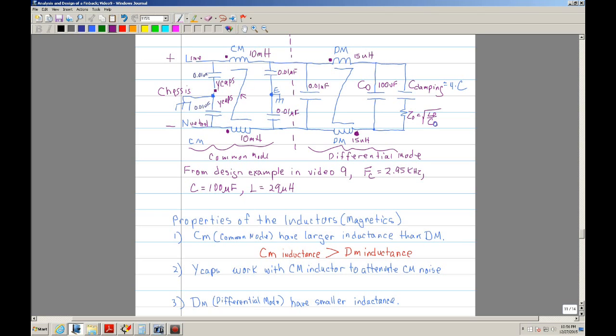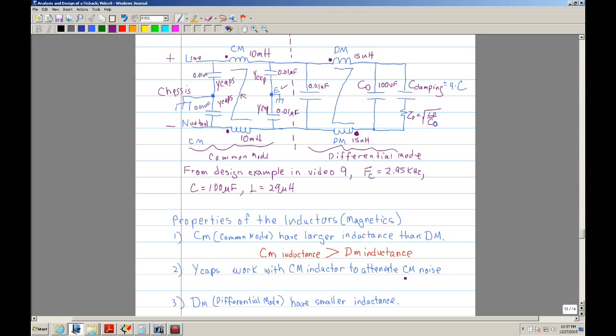In his, he uses another Y cap not only on the left side of the common mode choke, he also uses it on the right side. If you notice here, this cap is connected to the line and the other side is connected to earth ground, so this is also a Y cap, as well as this one here. So the function of these four caps is to attenuate common mode.